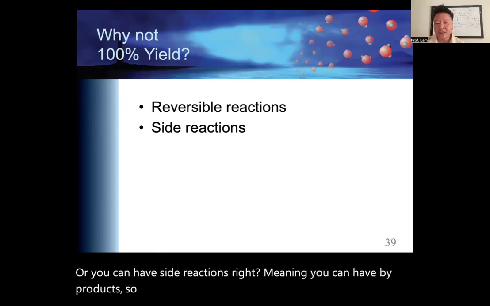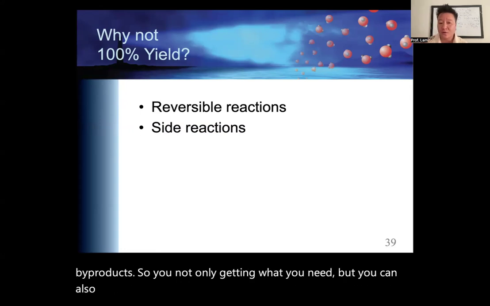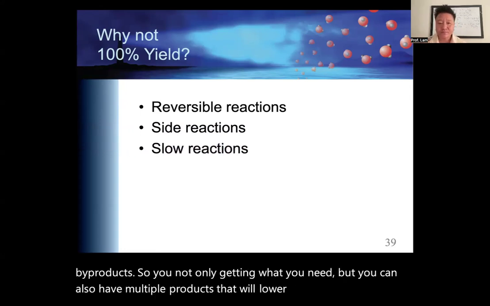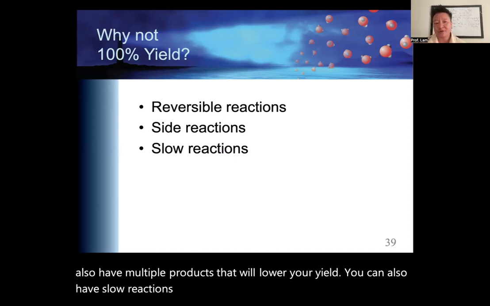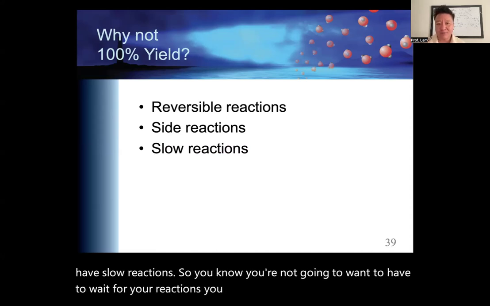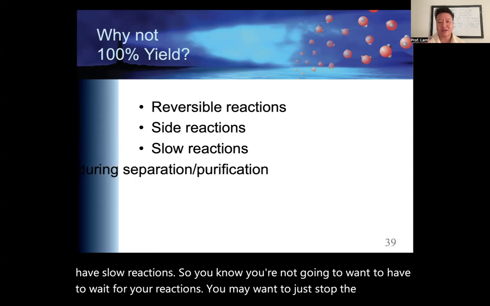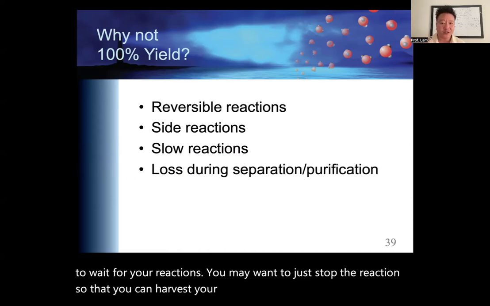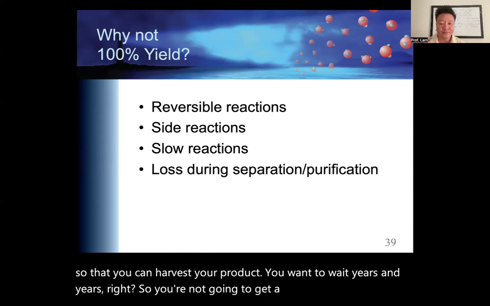So you're not only getting what you need, but you can also have multiple products that will lower your yield. You can also have slow reactions. You're not going to want to wait for your reactions. You may want to just stop the reaction so that you can harvest your product. You don't want to wait years and years, right? And so you're not going to get 100% yield.